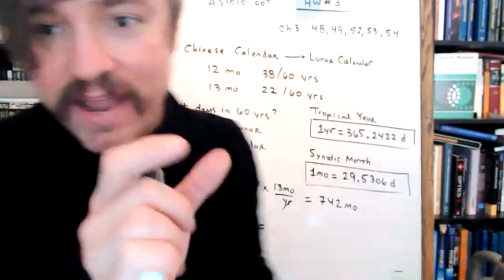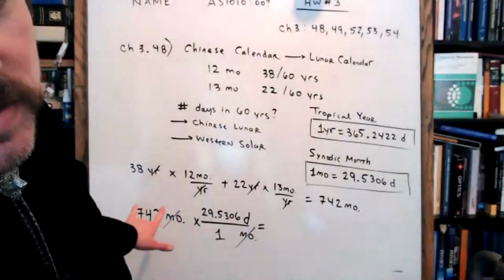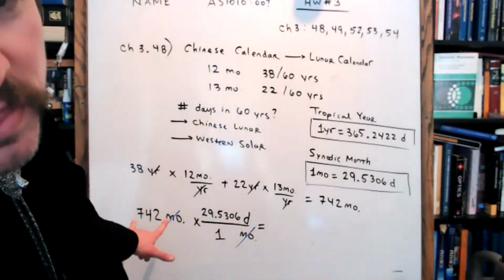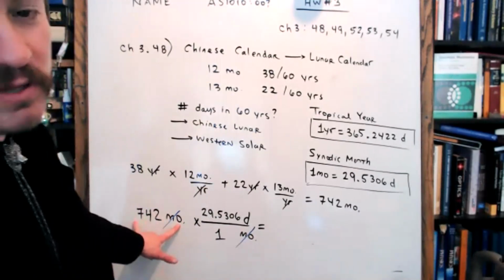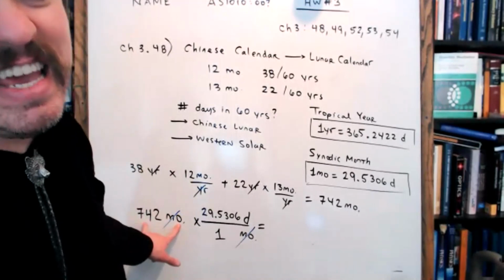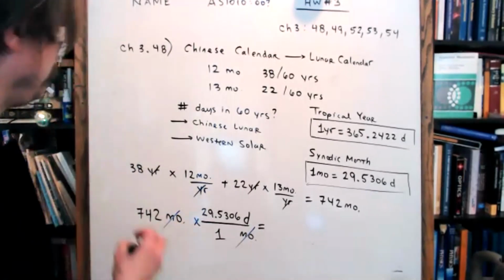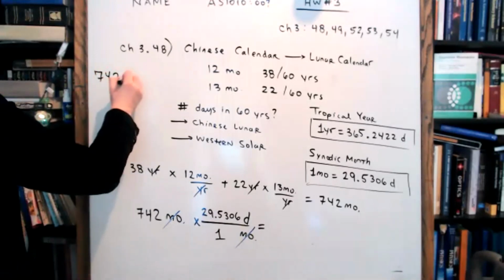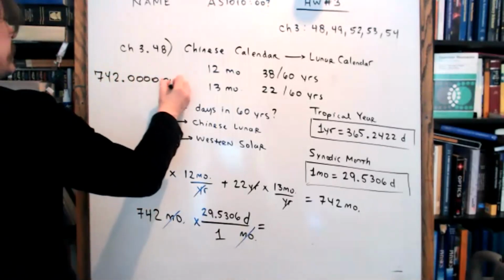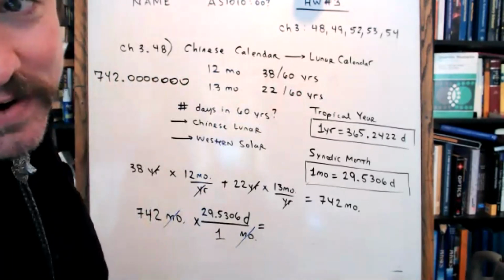Where is the bad? Normally, it's the lower number, the number with fewer digits in it. But this number is not polluting the answer because it is exactly 742 months. In a way, it's kind of like saying 742.000000000 months forever.